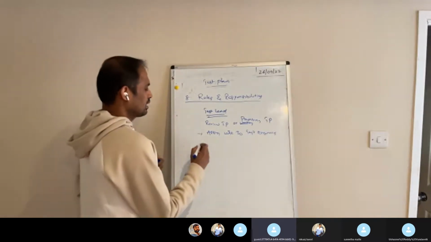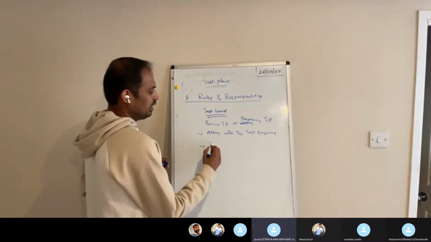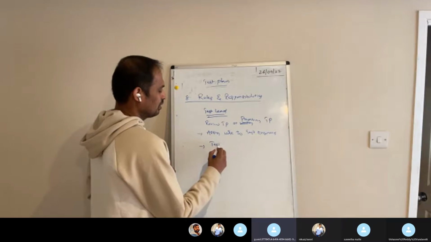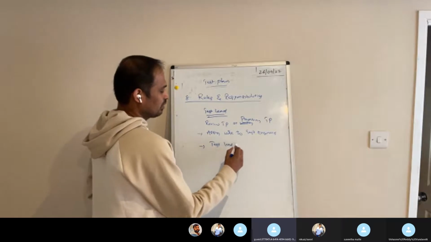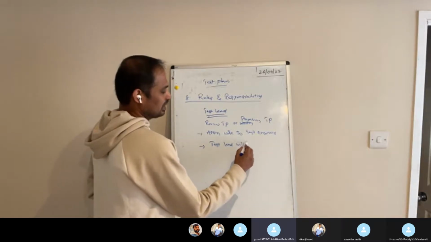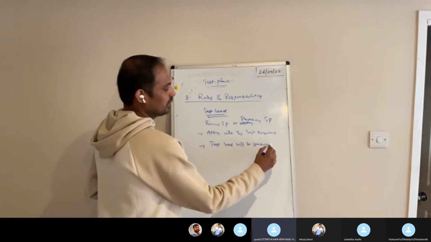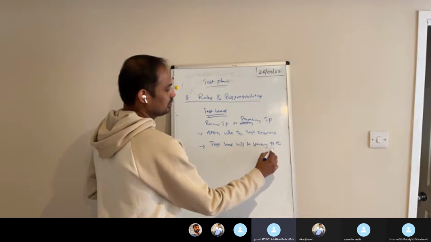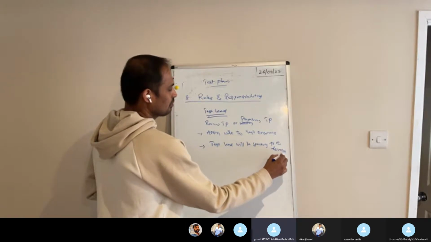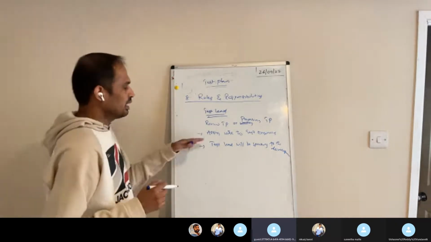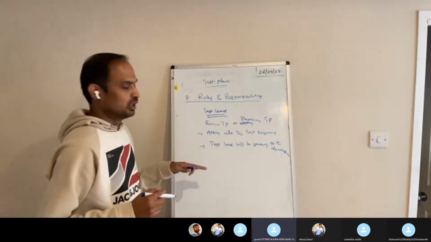Next, if we raise a defect, then the test lead will be speaking to the developers. If you have any issue with the developer, he is going to take care of that problem.